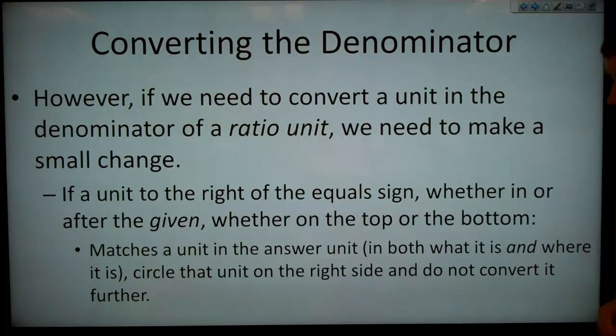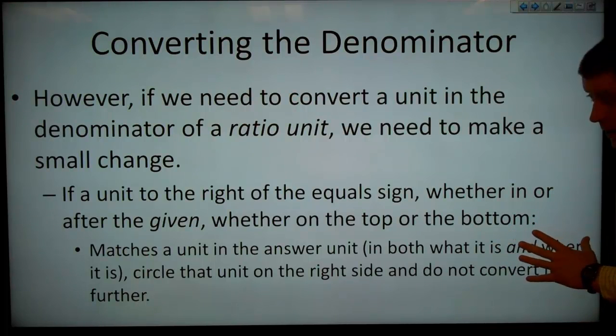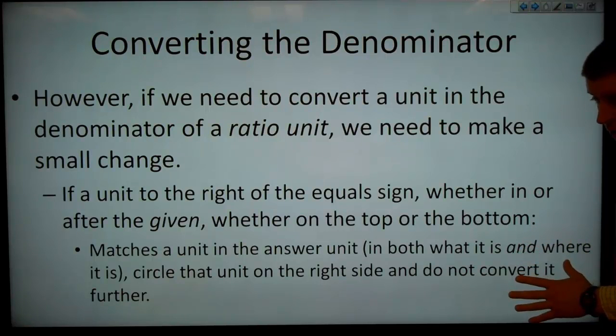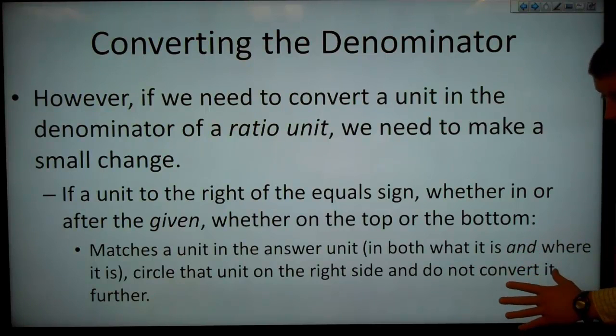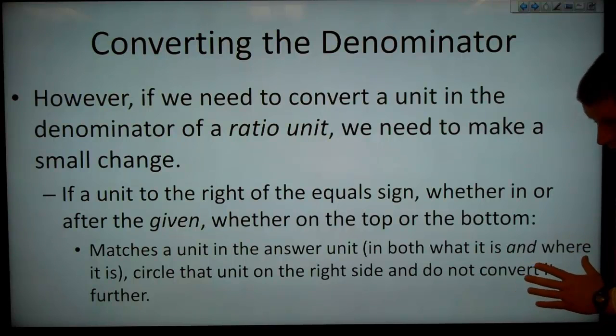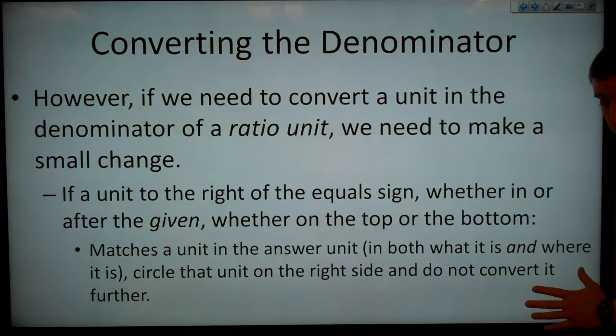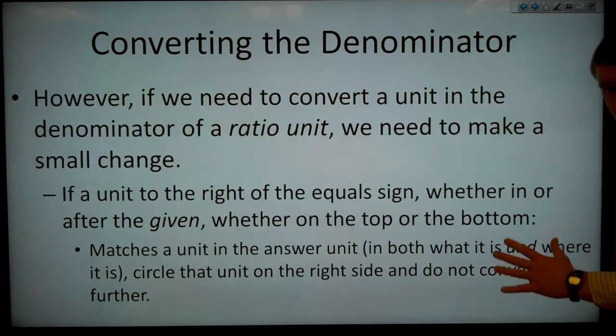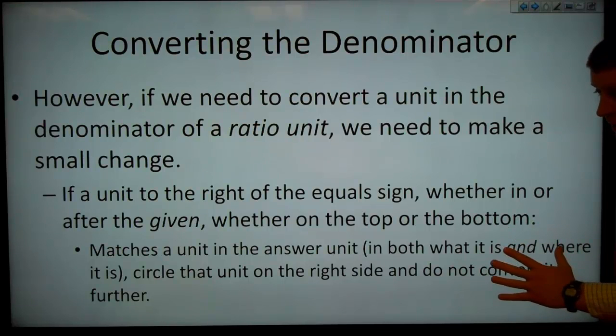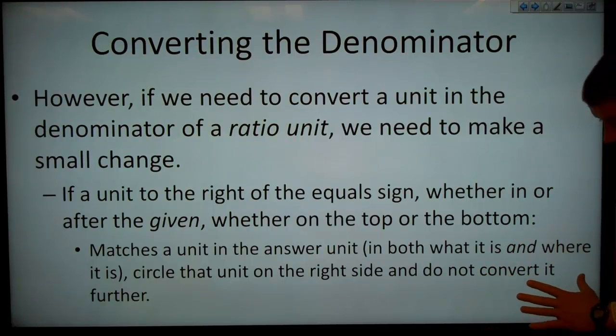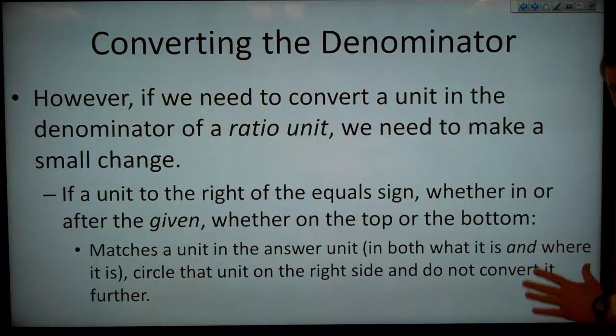If a unit to the right of the equal sign, whether in or after the given, whether on top or the bottom, matches a unit in the answer unit, in both what it is and where it is, numerator, denominator, whatever, then we want to circle that unit on the right side and not convert it any further.